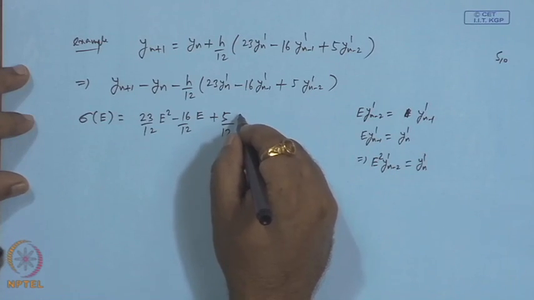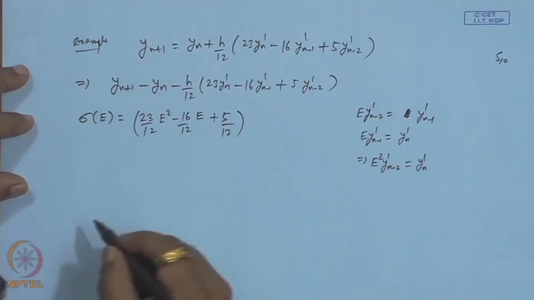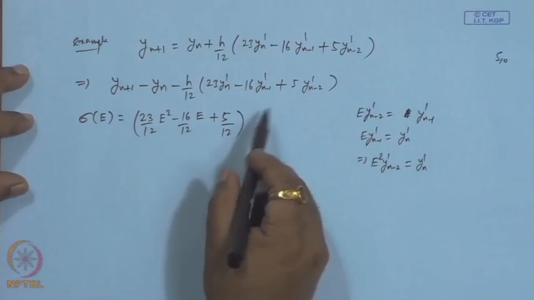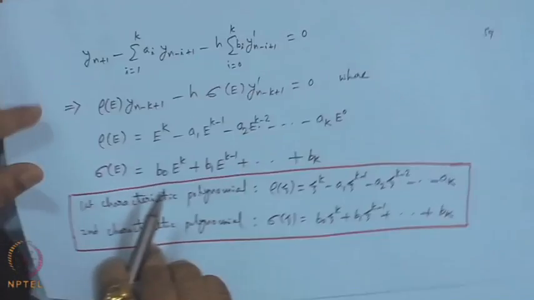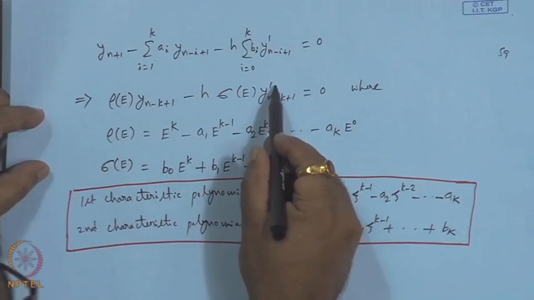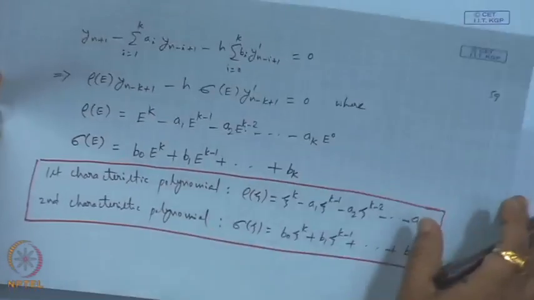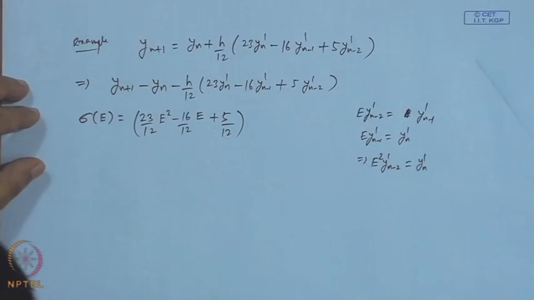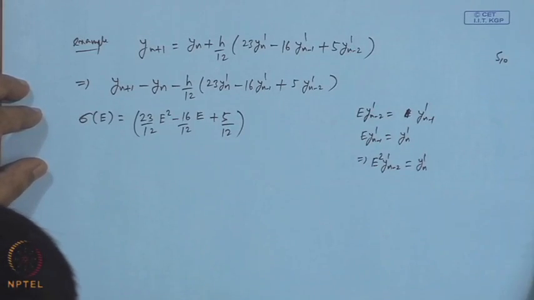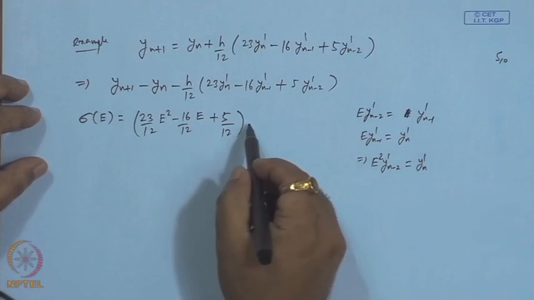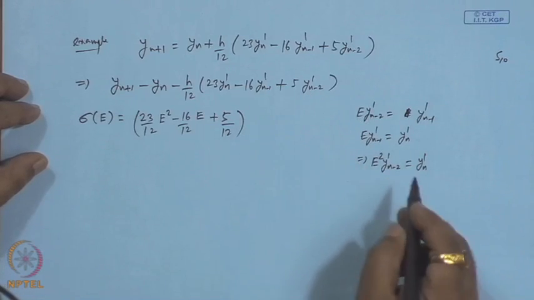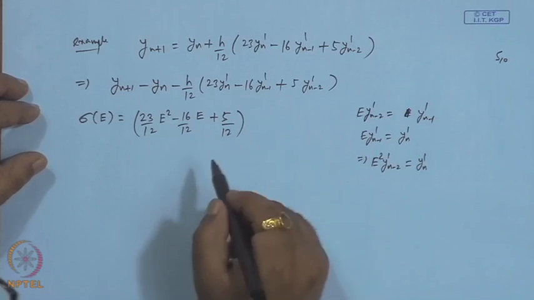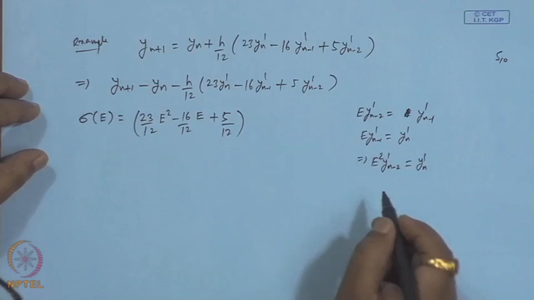Yeah, 5 by 12. Okay. Because this will multiply y'_(n-k+1). So, what is the k here? So, this should act on the term of the form y_(n-2). So, we have to suitably identify what our k is. Okay. Right.